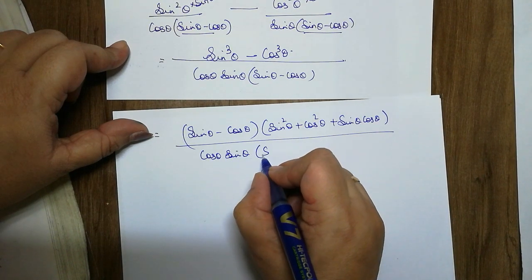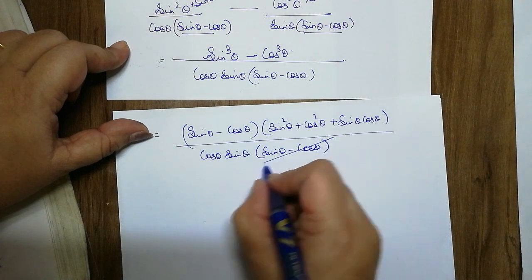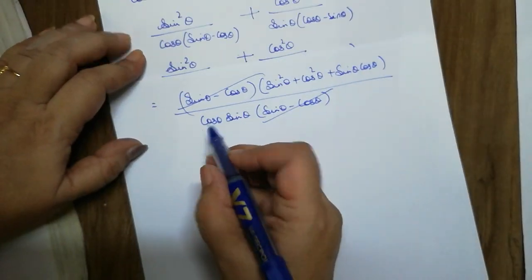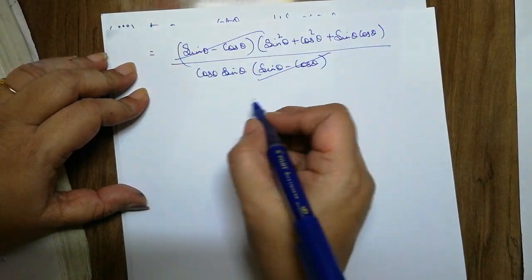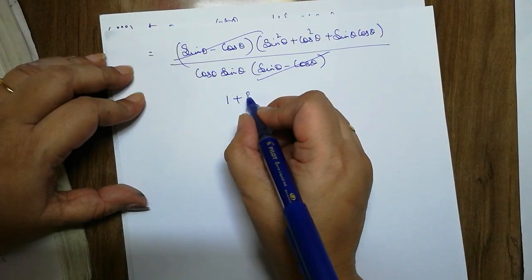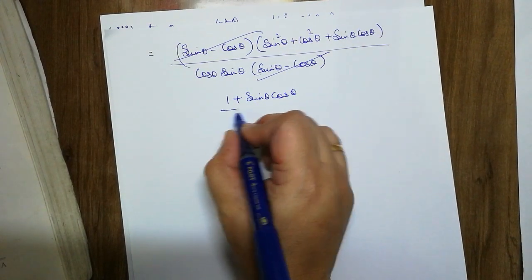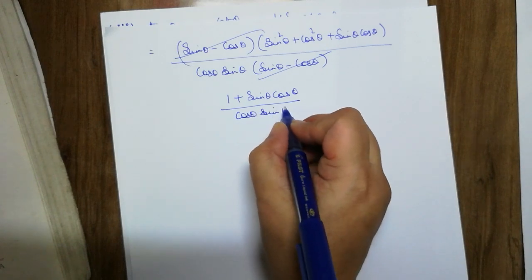Until we simplify the numerator, we keep on carrying the denominator. Look, this cancels. Then next step, sin square theta plus cos square theta is 1, plus sin theta into cos theta, here cos theta into sin theta.